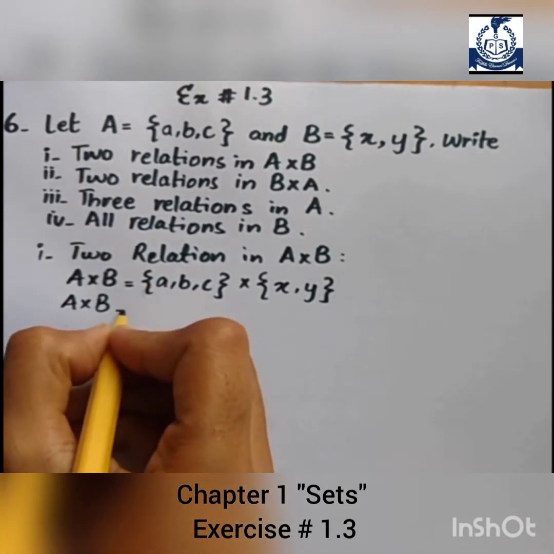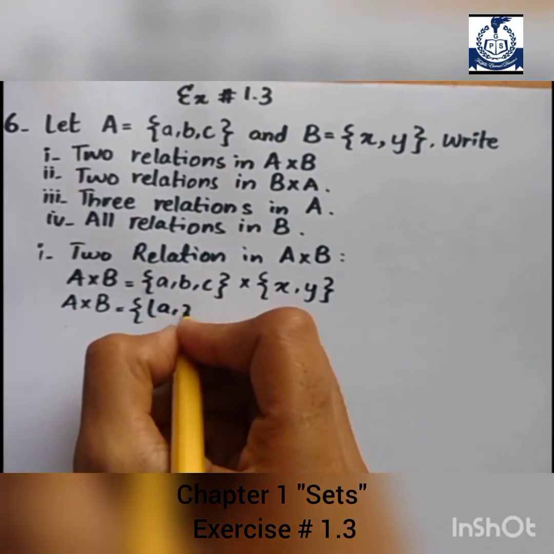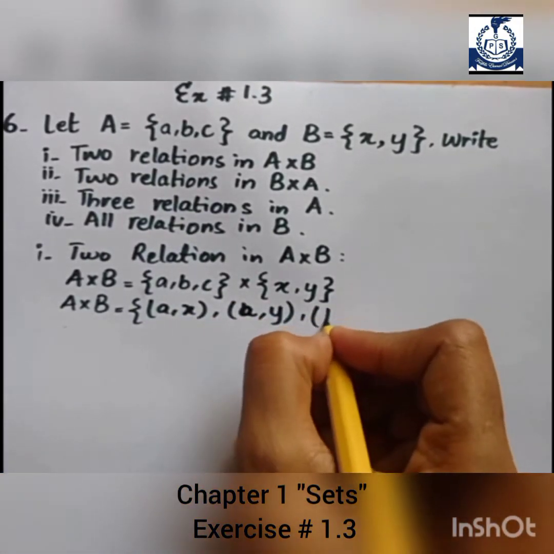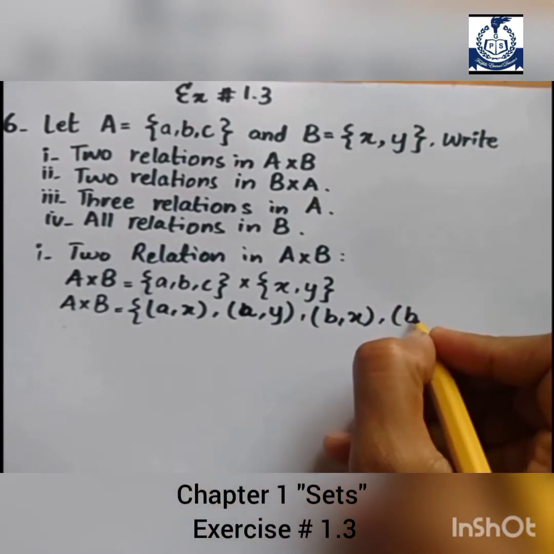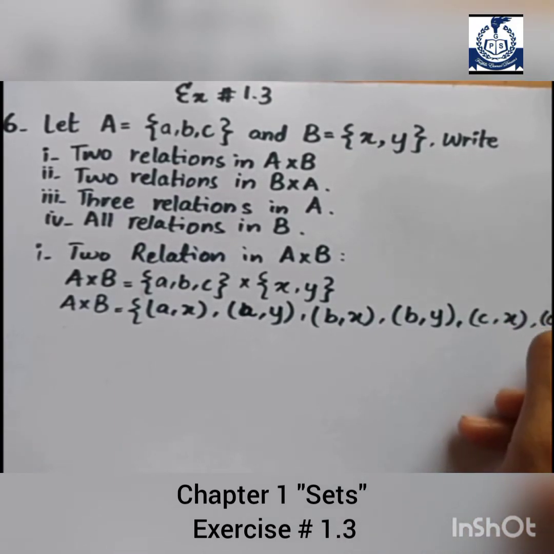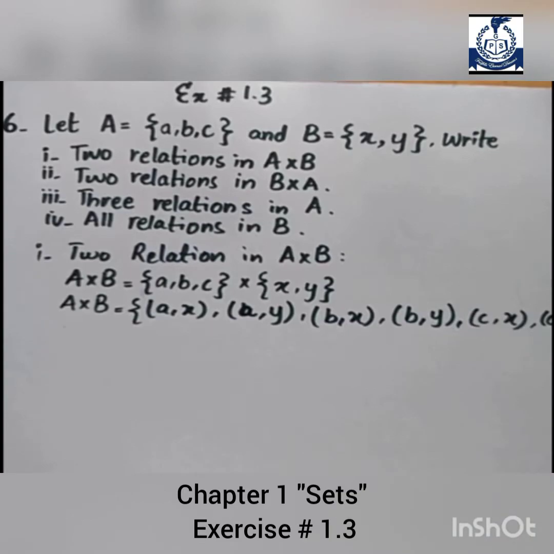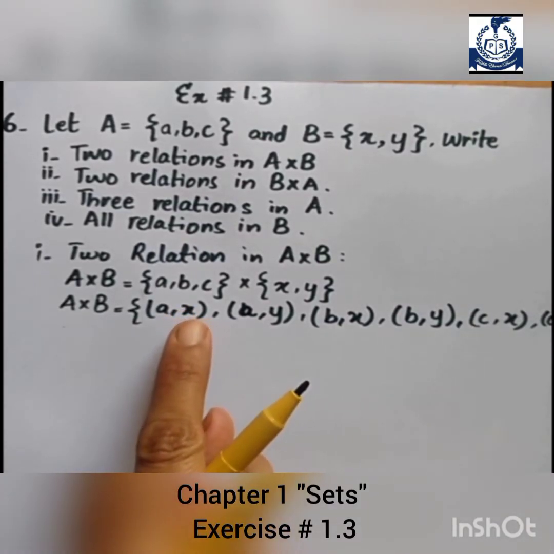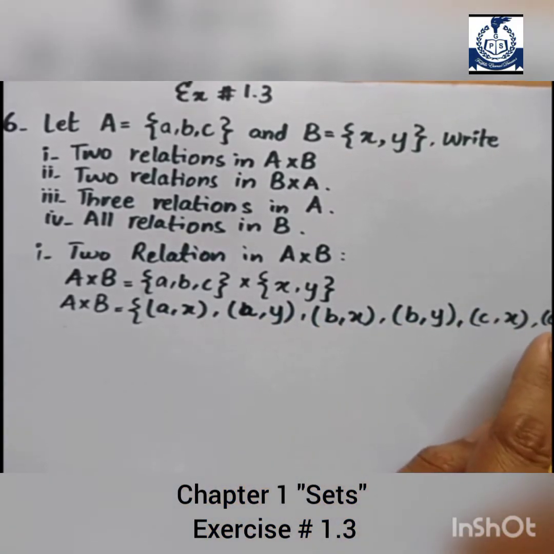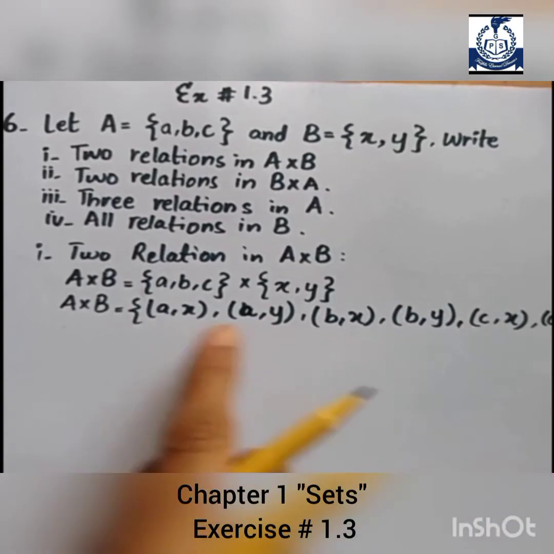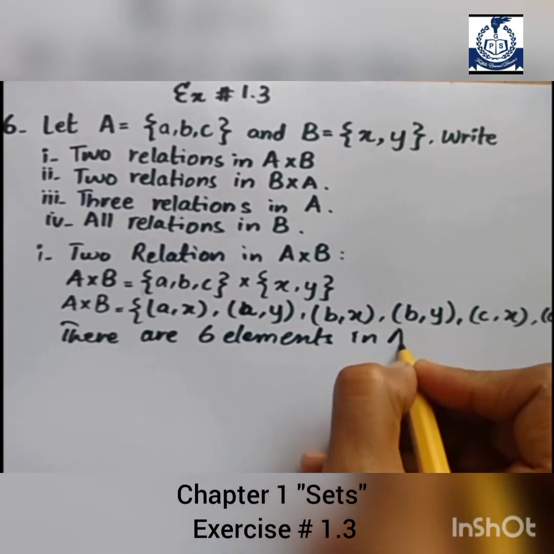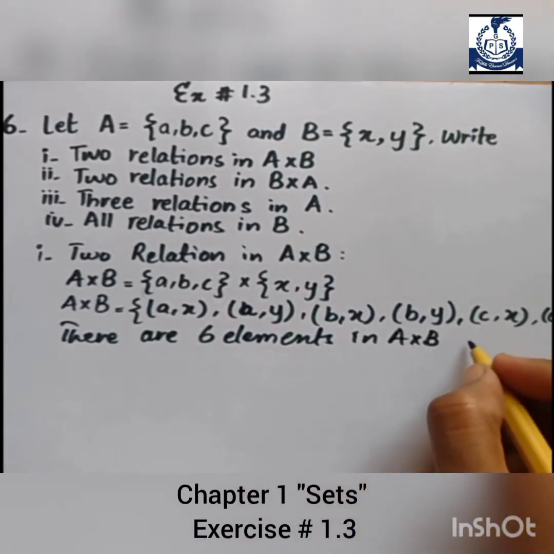A Cartesian product B is equal to (a, x), (a, y), (b, x), (b, y), (c, x), (c, y). 3 times 2 is 6. So we have 6 elements in A Cartesian product B.